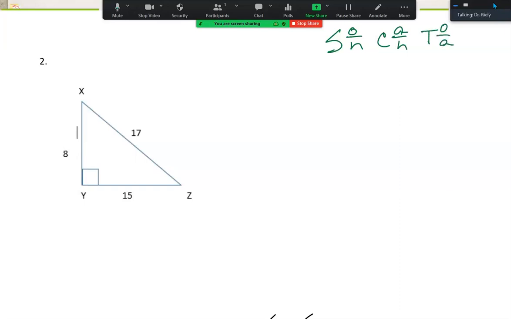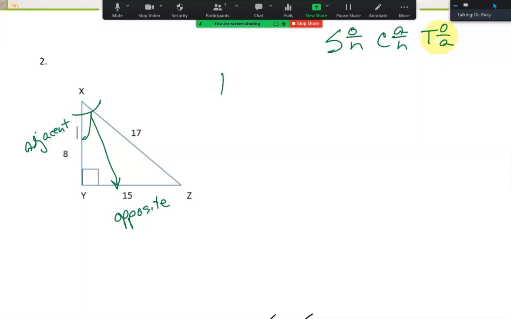And I'm going to say, let's try to find angle X. From X's position, the 15 is the opposite, and the 8 is the adjacent. Okay, so opposite and adjacent. That's going to give us tan again, and we'll switch it up next time.